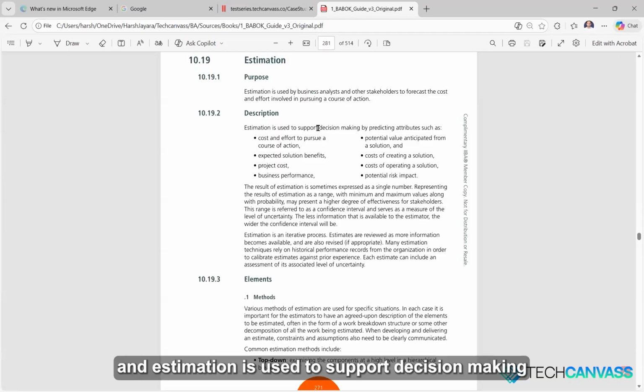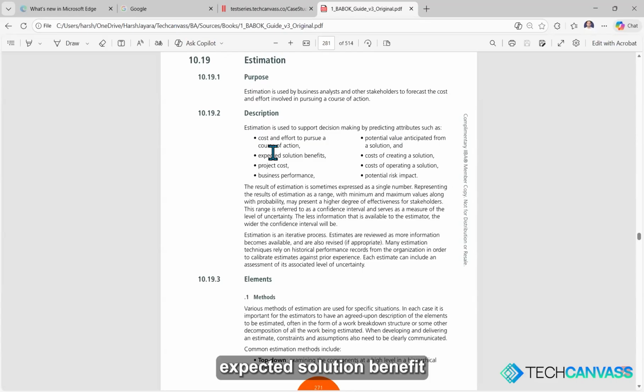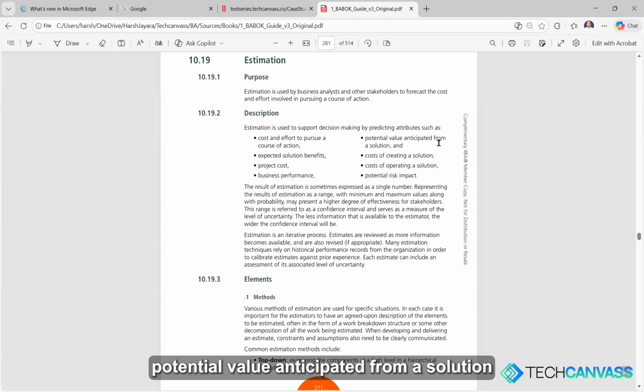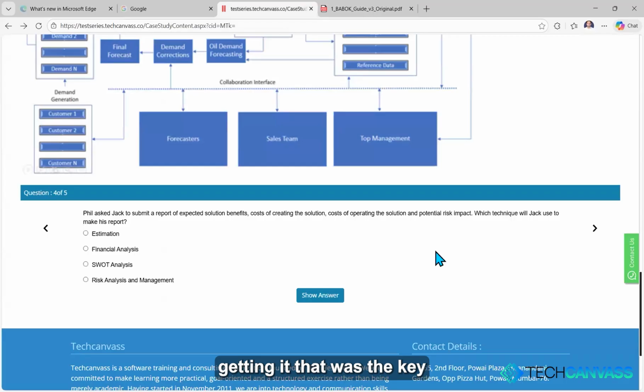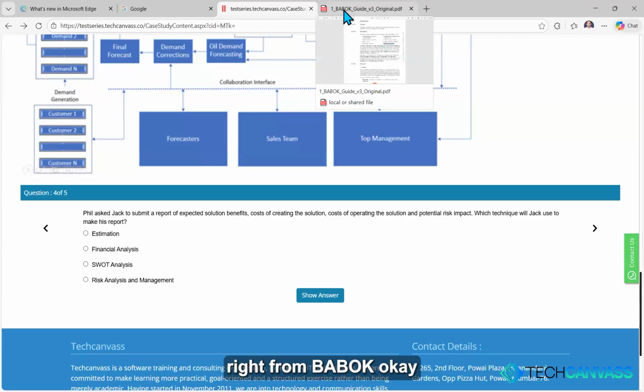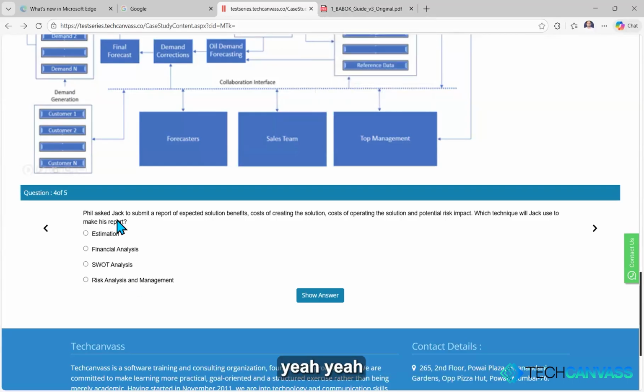Estimation is used to support decision making by predicting attributes such as cost and effort to pursue a course of action, expected solution benefit, project cost, business performance, potential value anticipated from a solution, and cost of creating a solution, cost of operating a solution, potential risk impact. That was the key here. So this was verbatim, quote unquote, right from BABOK. Yeah, it's estimation.